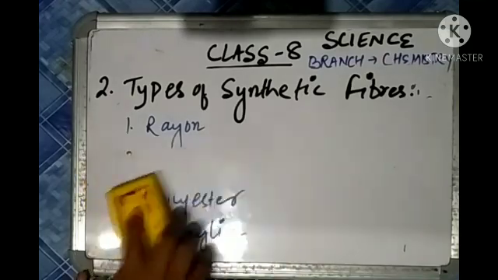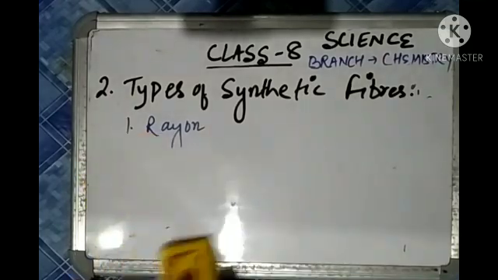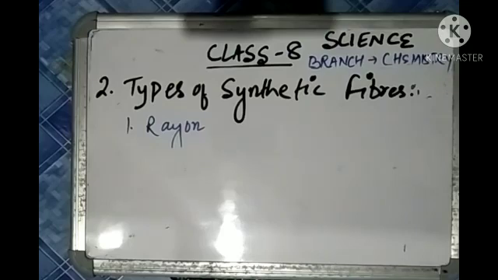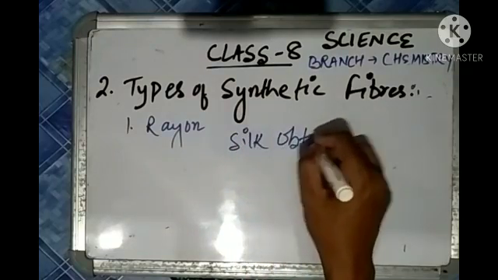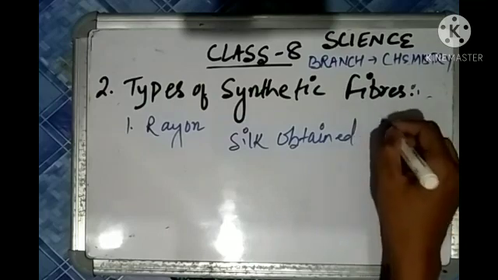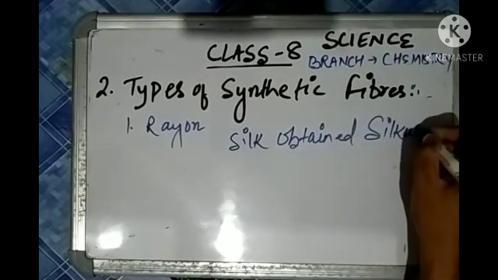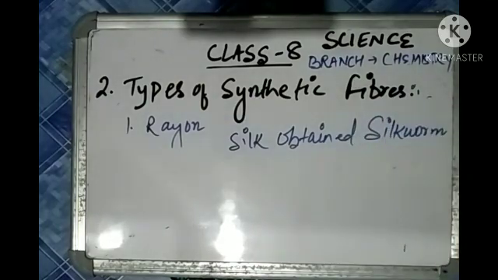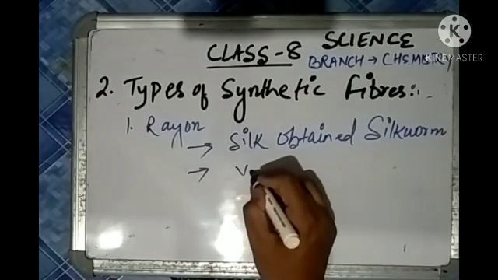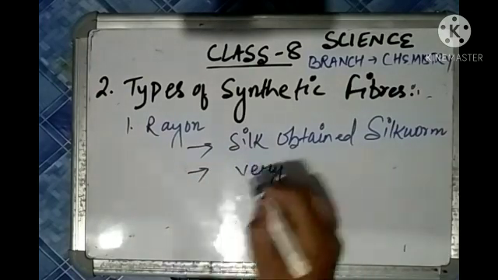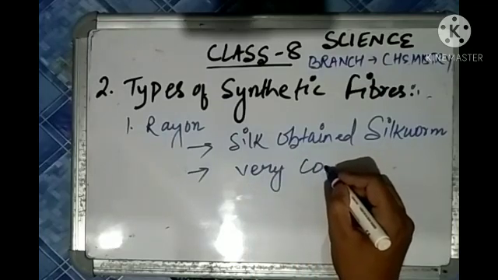So we will start with rayon. In class 7 we learned that silk is obtained from silkworm and is very costly.